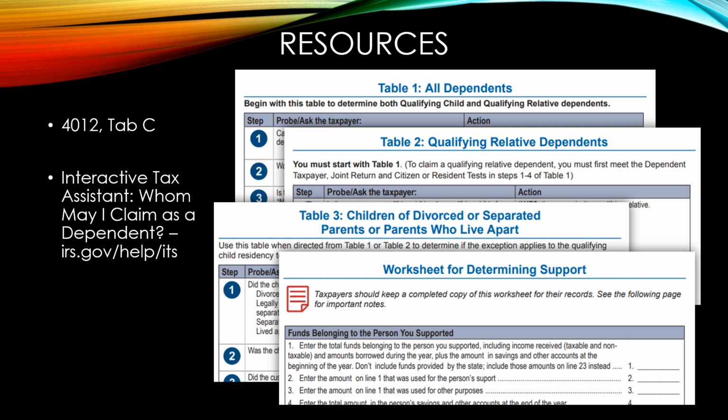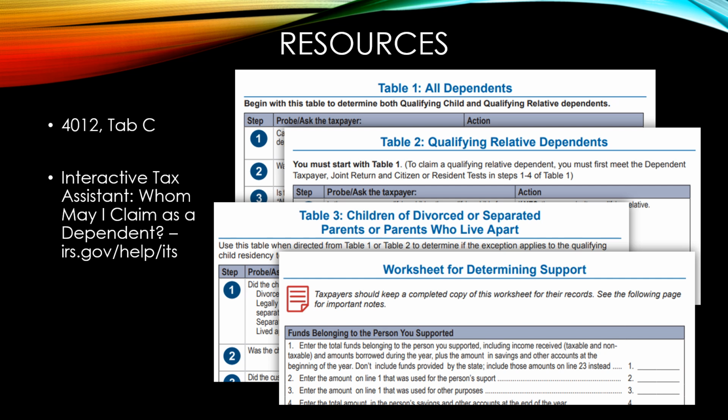And those can be found in Publication 4012 in Tab C. And additionally, there's a worksheet in there for determining support. And in this case, this is support of the person, not support of the household. So it's a different worksheet than we had last time when we were discussing filing status.